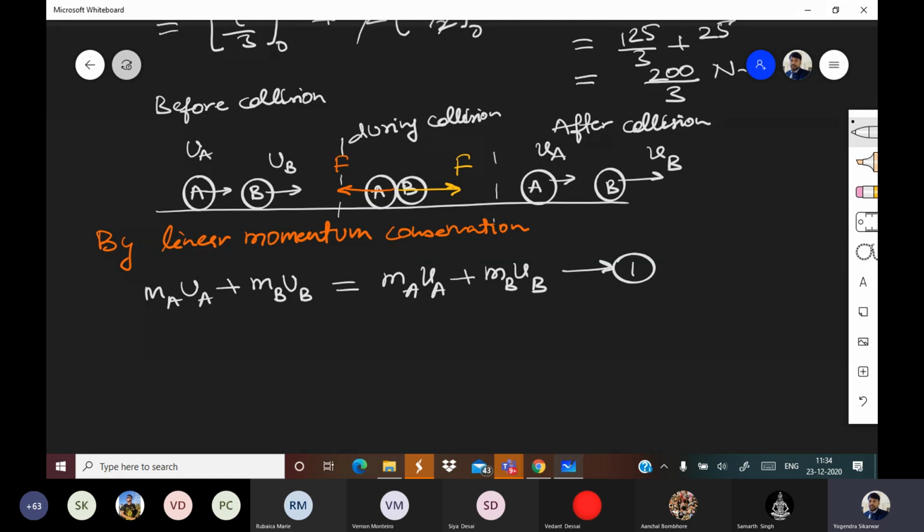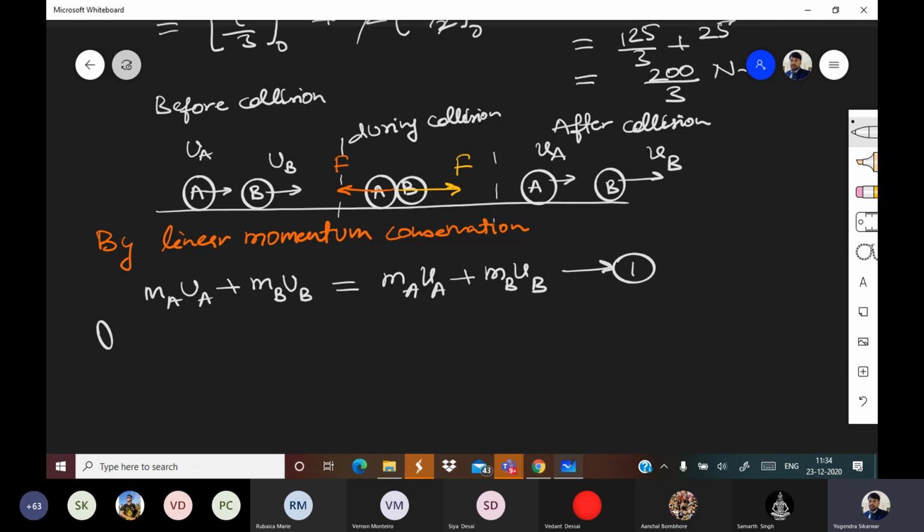So what we did, the initial total momentum of A and B is equal to final total momentum of A and B. Why? Because there is no external horizontal force acting on A plus B system.